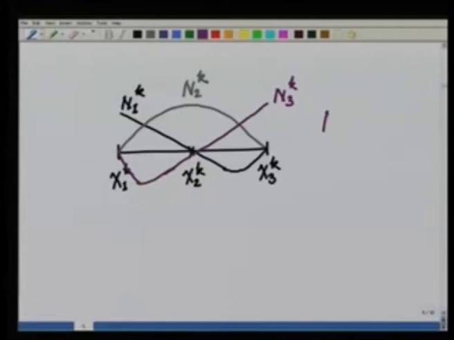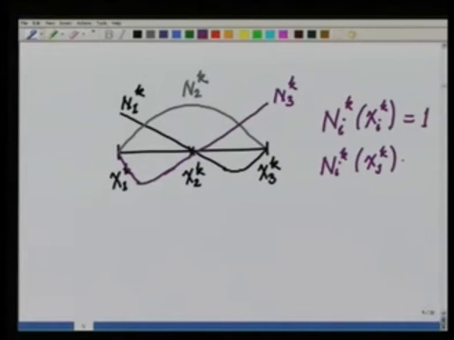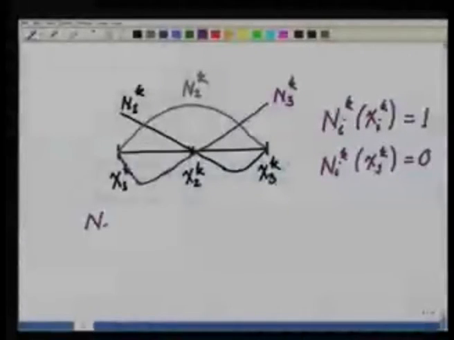So what we can write in short is Ni of k at the point xi of k is equal to 1, and at all other points j it is equal to 0. This property is what we want to have for this function. So if I want to construct n1k with this property such that n1k is 0 at the points x2k and x3k, how will I form the function n1k?